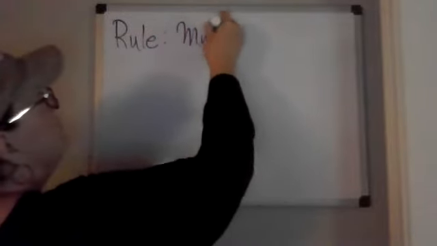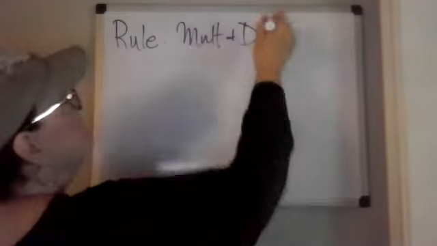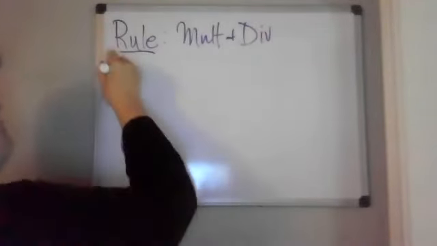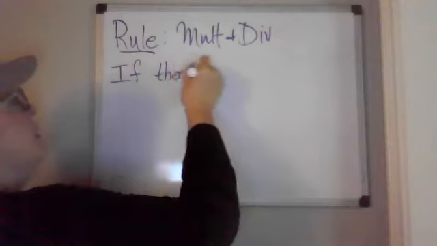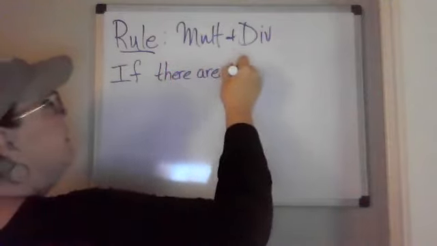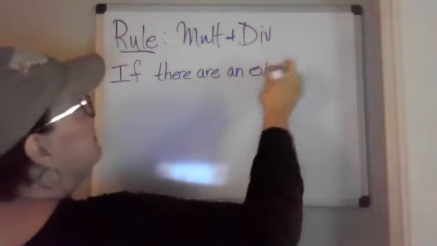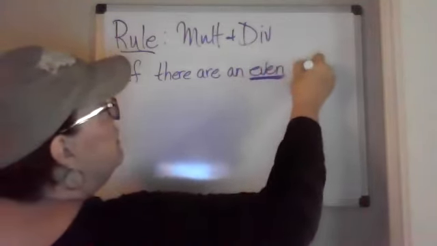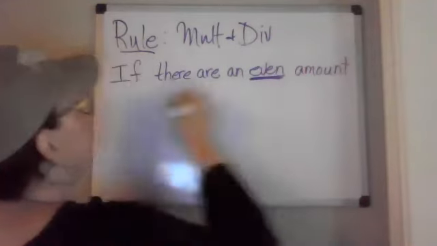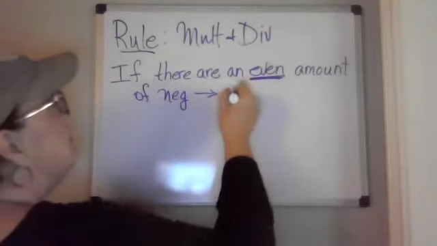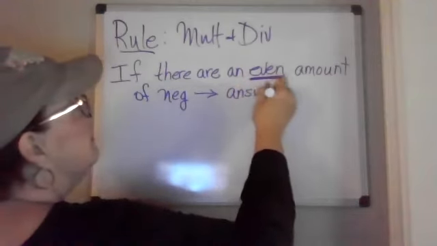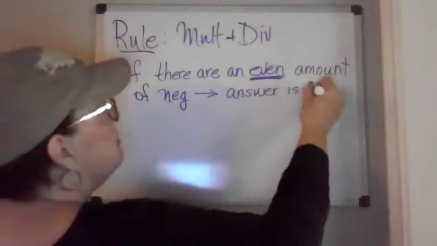The rule for multiply and divide: if there are an even amount of negatives, the answer is positive.